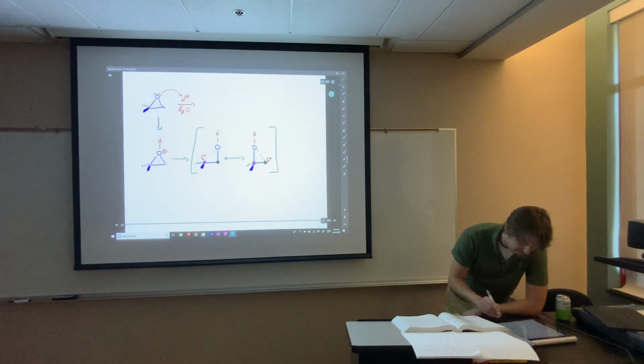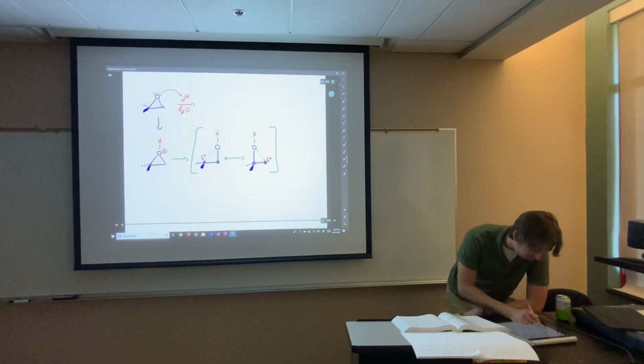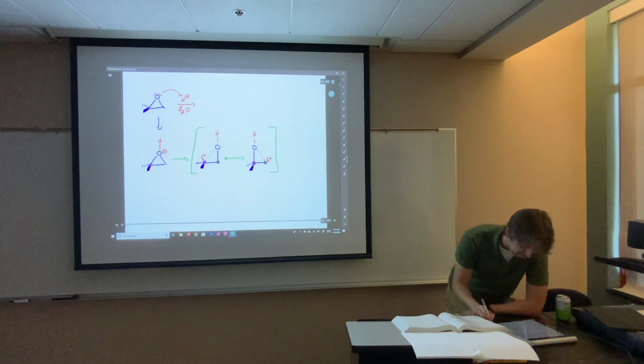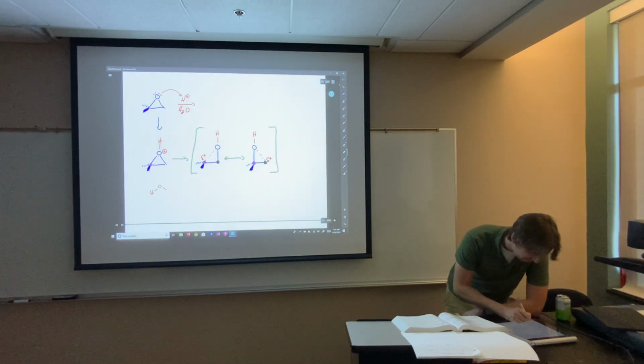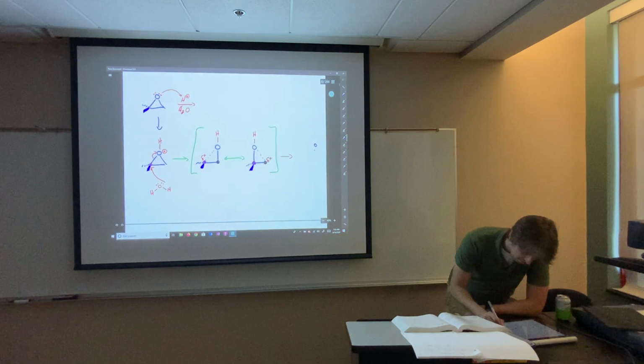So let's do that. There's my purple right there. Let's bring in some red water here. So red water comes in, kicks that up, so we kind of move over here.